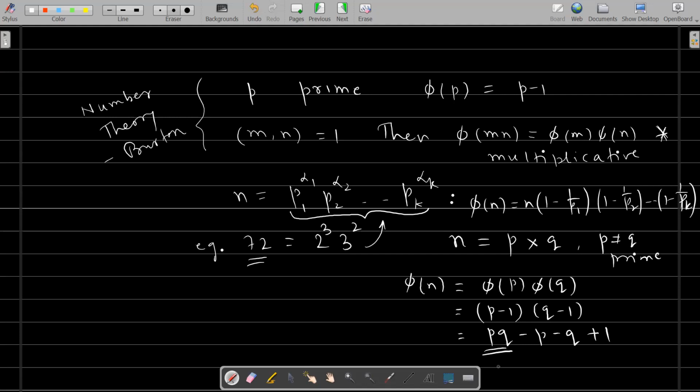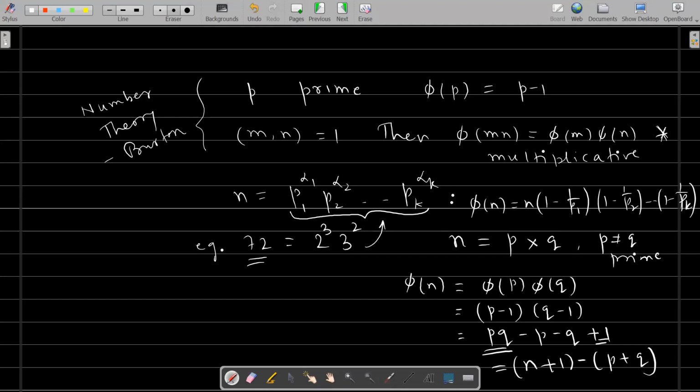And you see this pq is the original number n. So it's n plus 1 minus p plus q. For a very big number n, almost 800, 900 digits, how should I find phi n? If I have no formula, or if I don't know those factors p and q, I'll check each and every number: 1 with n, if GCD is 1, 2 with n, 3 with n, and so on.